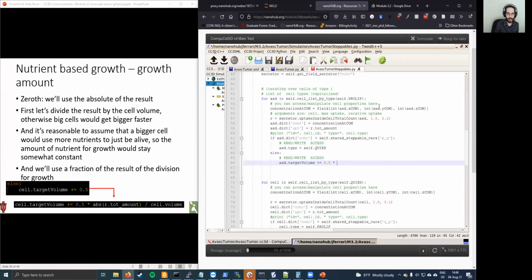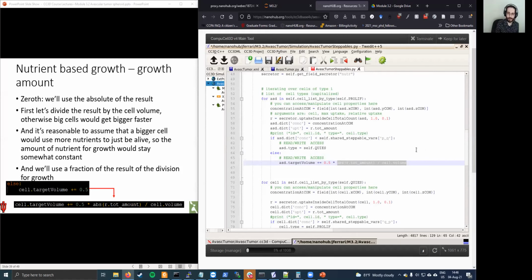So here inside my loop over the proliferating cells, in the else, which means that the cell is still proliferating, instead of adding plus 0.5, I'm gonna have plus 0.5 times the absolute value of the uptake amount divided by the cell volume. And as I mentioned, this number here is going to be about right.